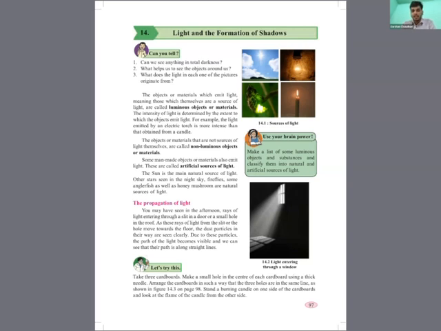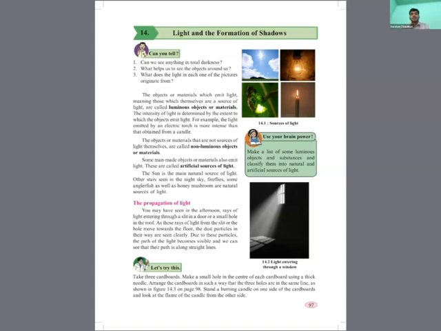Next are the objects or materials that are not sources of light themselves, called non-luminous objects, which means they cannot produce their own light. The light comes first from luminous objects, and after that we see the reflection.